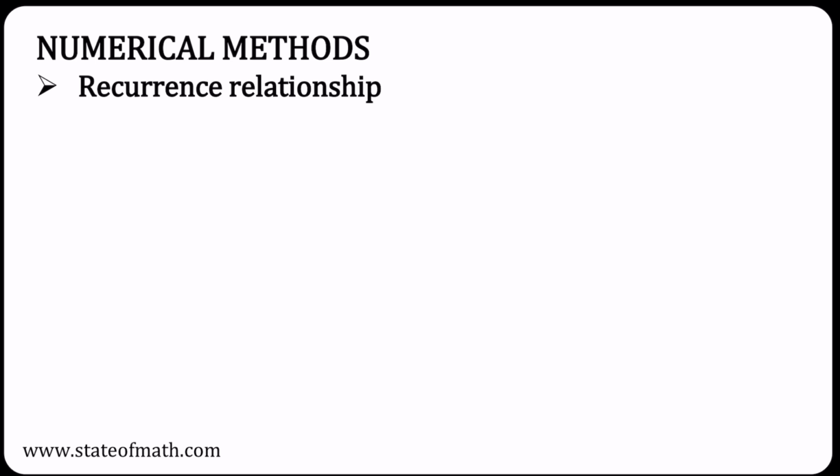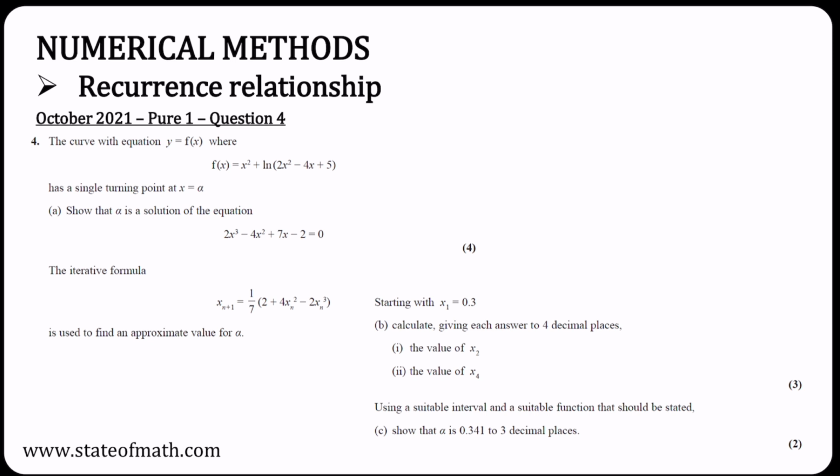However, we do expect something on recurrence relationships, so iterative methods. So a nice example comes from October 2021, and I like this example particularly because it involves derivatives as well. So the first part is differentiate to arrive at this equation here. And then we are looking for a change of sign for the turning point. So we want f dash of x to be 0.